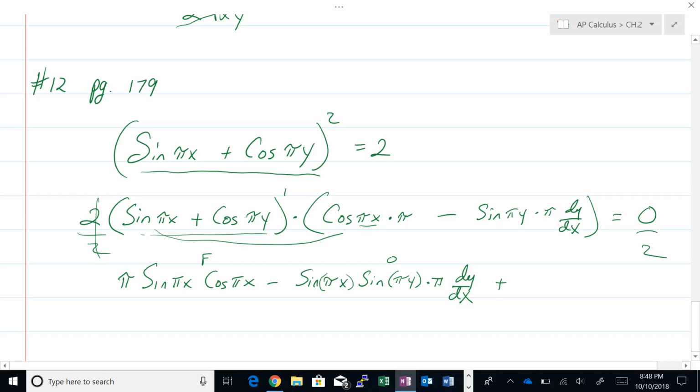This is pi y, this is pi x, so you can't combine that in any way. So I'm just going to do cosine of pi x, cosine of pi y times pi. Then minus, it's a big mess, cosine of pi y times sine of pi y, pi times dy dx.